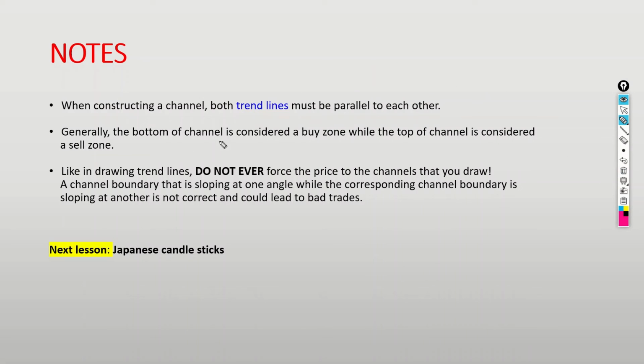So generally the bottom of a channel is considered as a buyer zone while the top is considered as a sell zone. We shall look at this more in strategies. So for example, if we have an up channel like that, and we are pretty sure the price has been moving in this format, hits the upper channel line, then hits the lower channel line, upper, lower, upper, lower, like that.